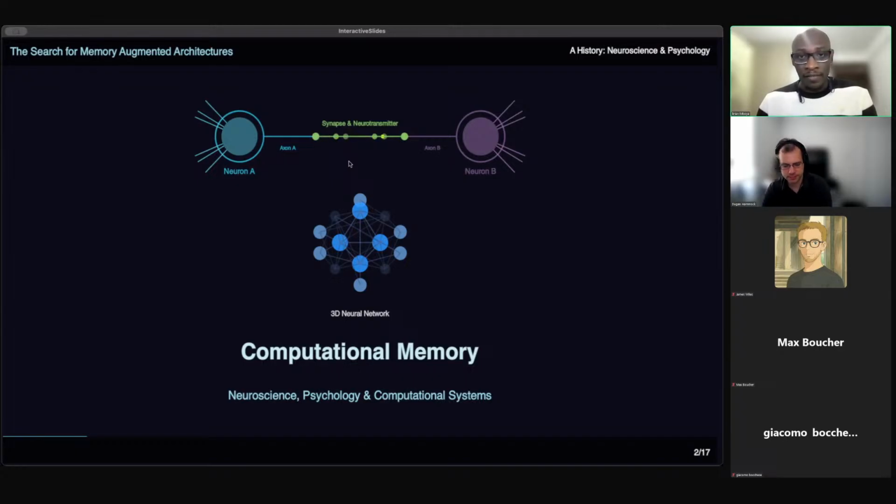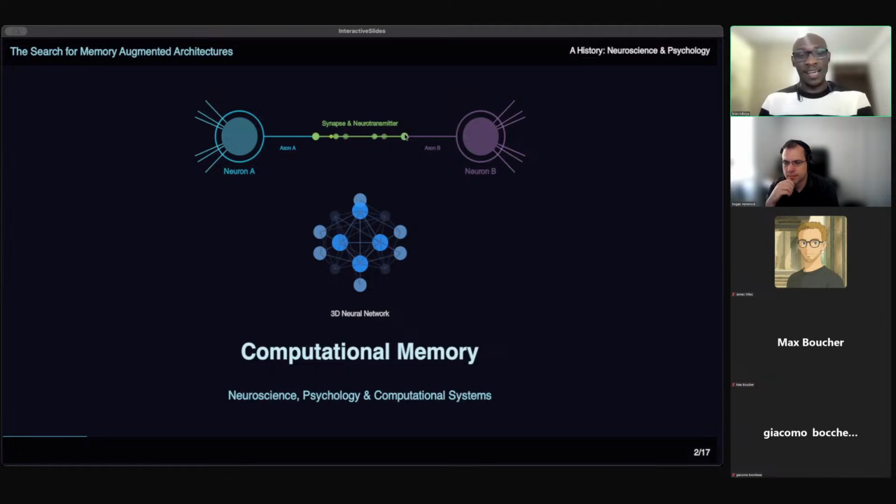In real life, neurons are really complex structures with so many details, but this is a shallow representation of a synaptic plasticity process between neuron A and neuron B, where there is an exchange of information through the synapses, with a neurotransmitter going from one synapse to the other.